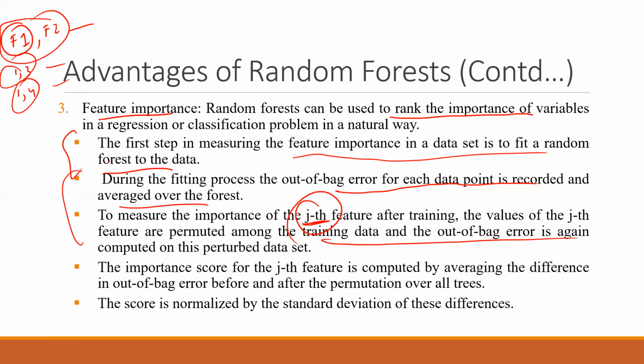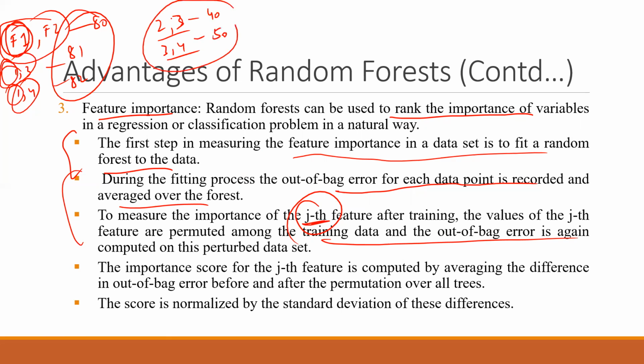And in this way, if 2 and 3 were also selected, 3 and 4 were also selected, these kinds of pairs were made. But all the predictions having f1 in them gave me, let's say, accuracy of 80, 81, 82. But if my feature 1 is missing, my accuracy drops to maybe 40%, 50%. So from this scenario, you can say that whenever f1 is selected, I'm getting a better accuracy.